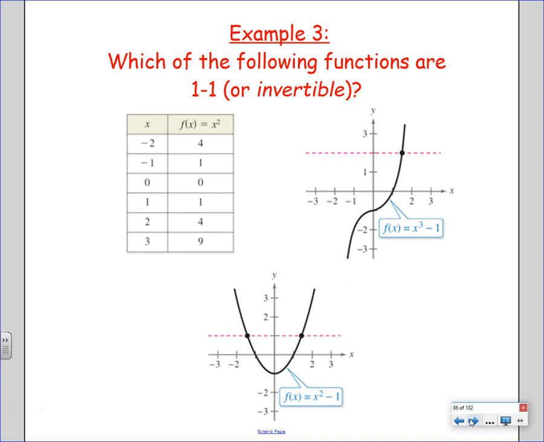Yes, it does say which of the following functions. So you're not worried about whether or not they're functions. Only concerned about whether or not they're invertible.